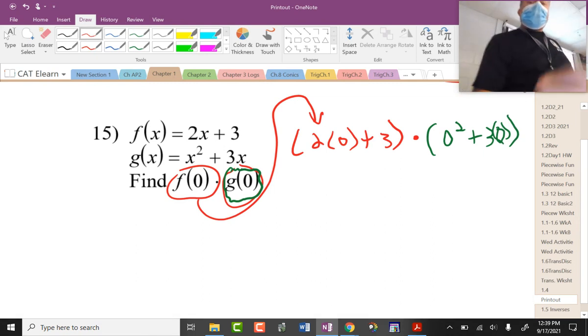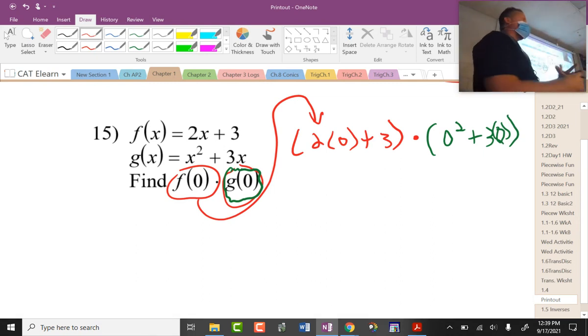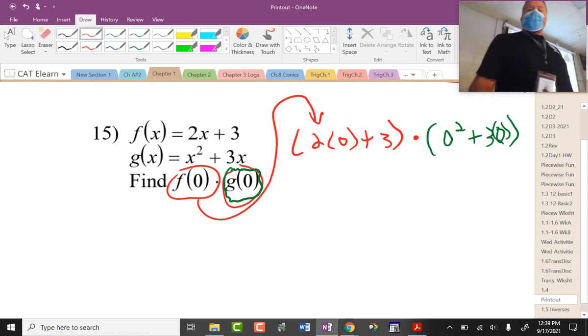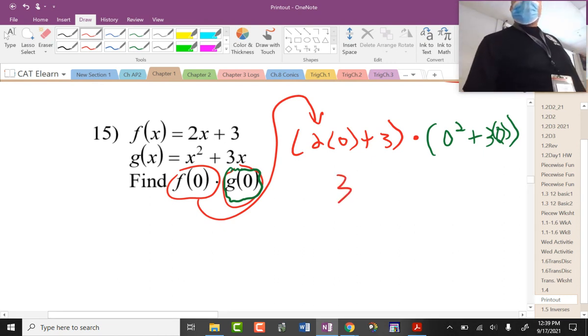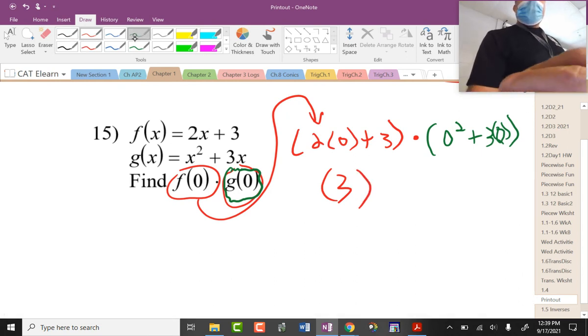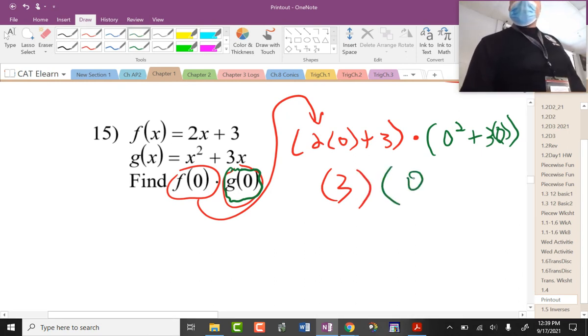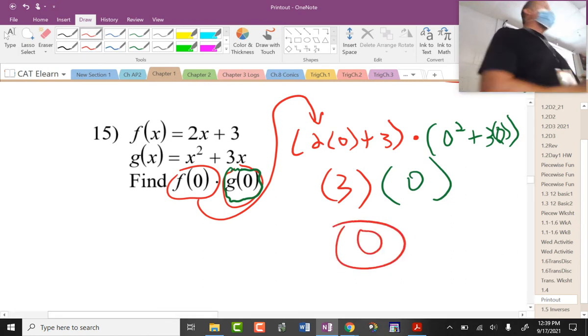And then I evaluate these two. You don't FOIL. Oh my gosh, if anyone FOILed this, you drive me crazy here. This is actually evaluatable. 2 times 0 plus 3 is 3. 0 squared plus 3 times 0 is 0. What's the final answer, everybody? 30. I'm just kidding. 0.